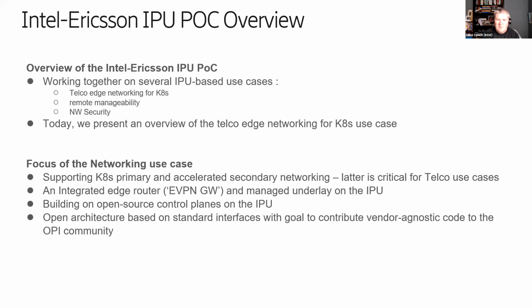So that's number one. The second thing is that we feature an integrated edge router. We refer to it as an EVPN gateway. That's how we've labeled it. That's part of the concept we have, and we also feature support for a managed underlay on the IPU, and we'll discuss that in the architecture description shortly.